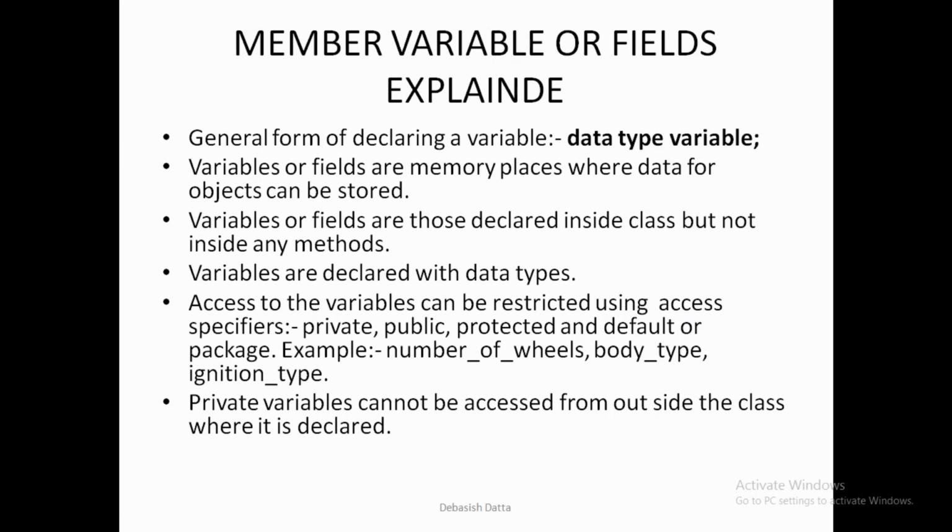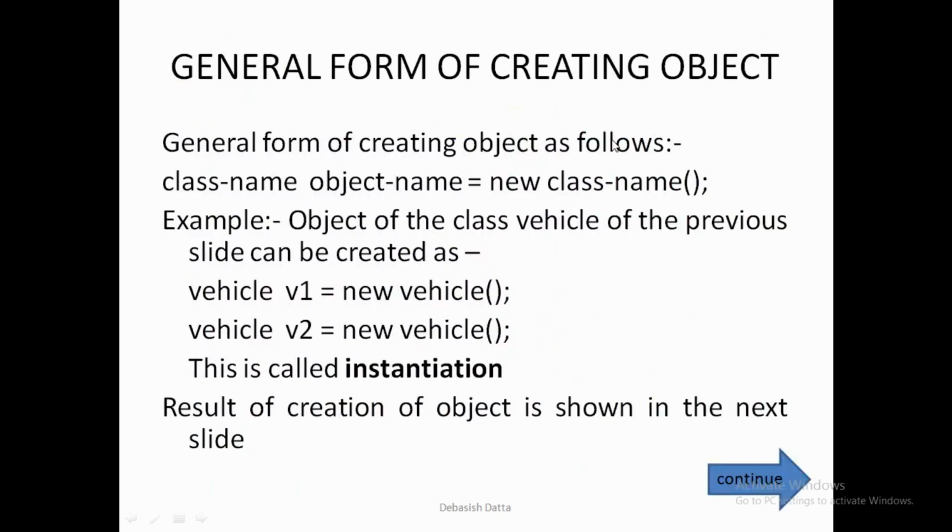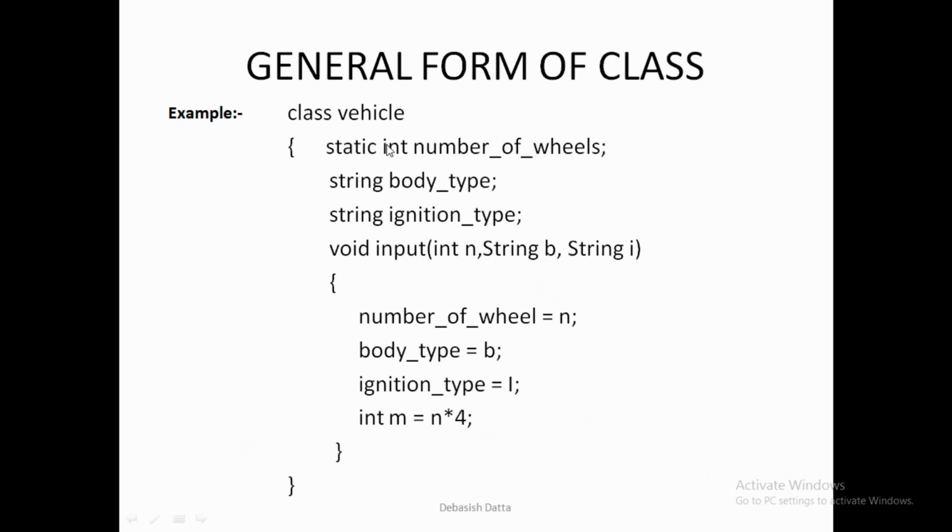Here are a few points about member variables or fields of a class. As you can see, a variable should be declared like this: variable name preceded with data type. As you can see from this vehicle class, the member variables are preceded with their data type. The number of wheels is preceded with its data type int.